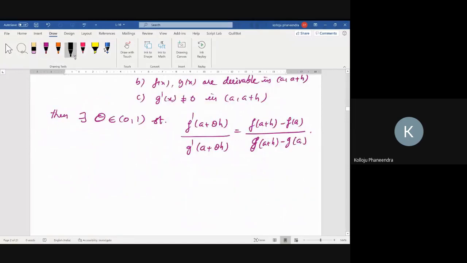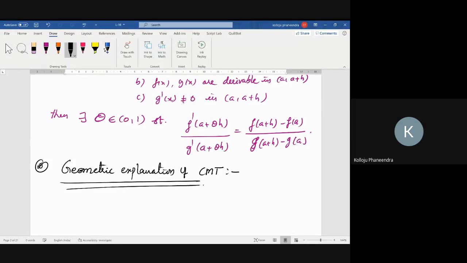And for your assignment, the geometric explanation of CMT. Okay, try this one tomorrow. In the next class you tell what is the geometric explanation of CMT.